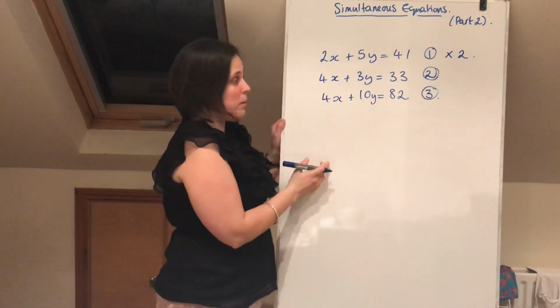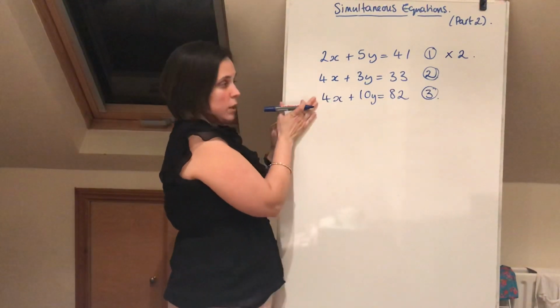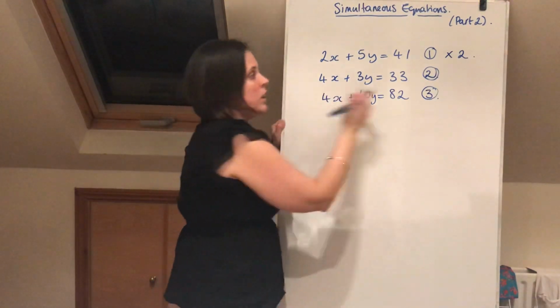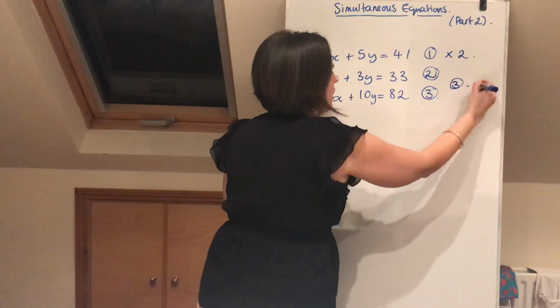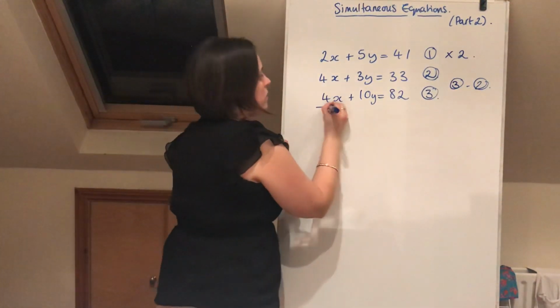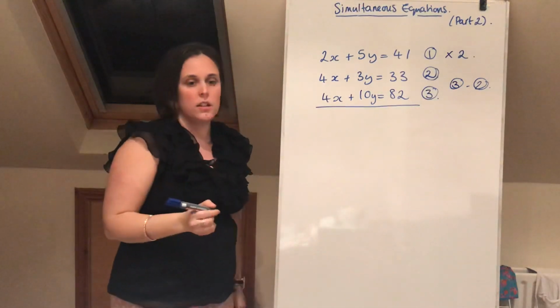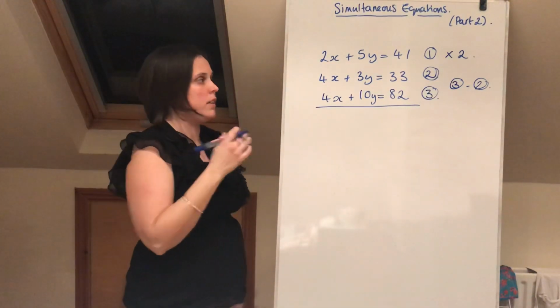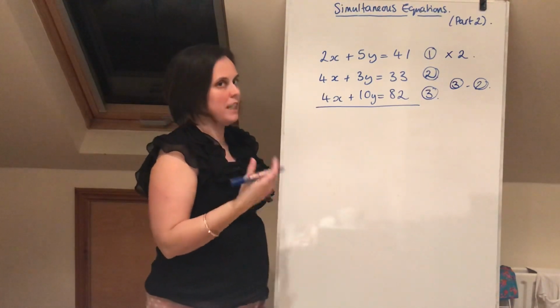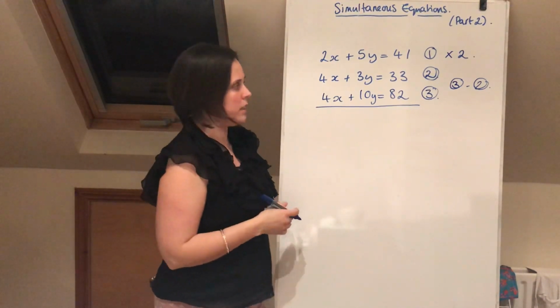So this time I'm going to do equation 3 subtract equation 2, and I will write that to the side. You can subtract in any order you choose, but choose it wisely so that you make the maths easy for yourself, particularly if you're trying to do this without a calculator.